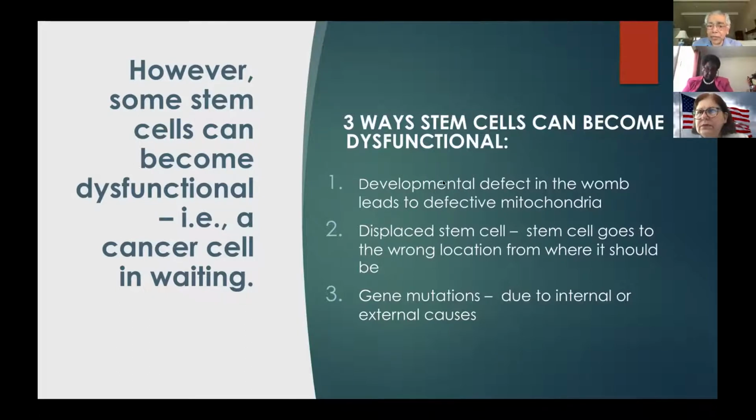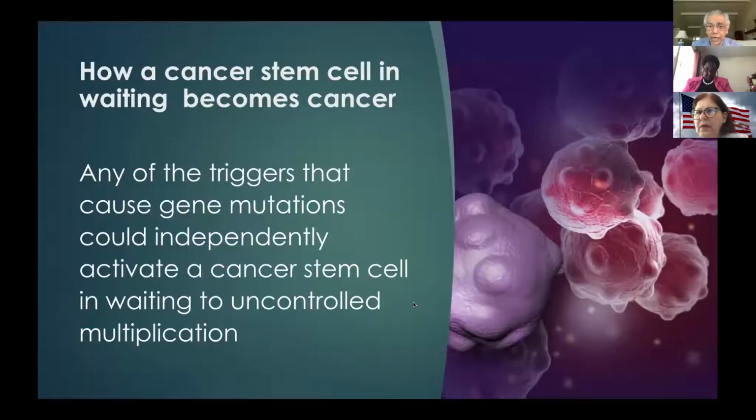So it could be a developmental defect leading to a defective mitochondria, which is the power generation facility in the cell. Or it is a displacement. It is an orphan cell in another part of the body, not able to respond to the signals coming in. Or it could be due to gene mutations, as I mentioned earlier.